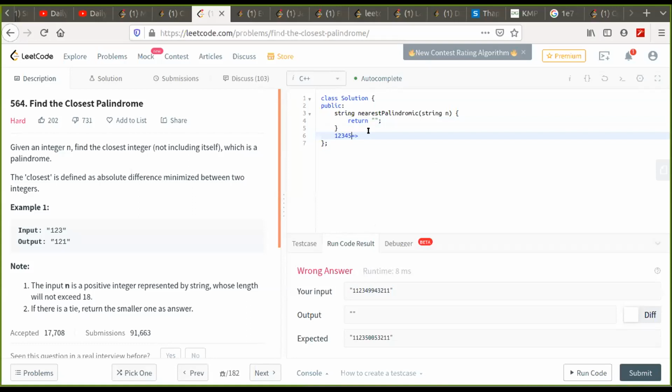In most of the cases, we need to find the middle element. In this case it is odd length, so we find the middle element and replicate the left half onto the right half, because that will give the minimized absolute difference. So in this case, I guess it will be 12321.